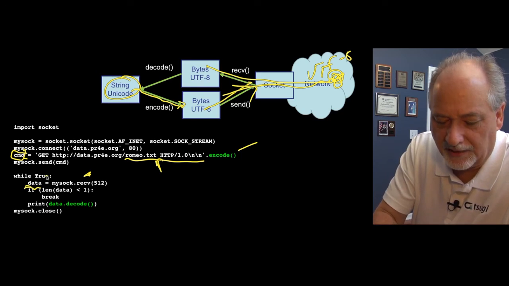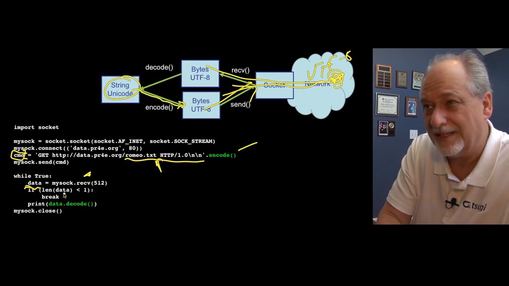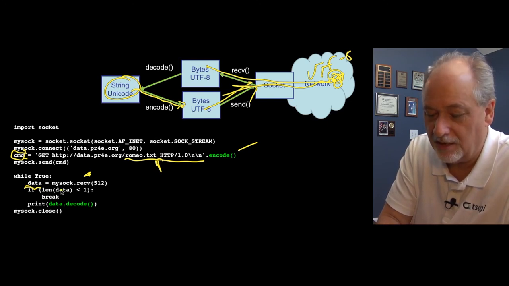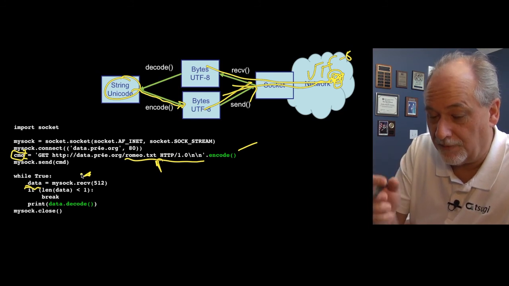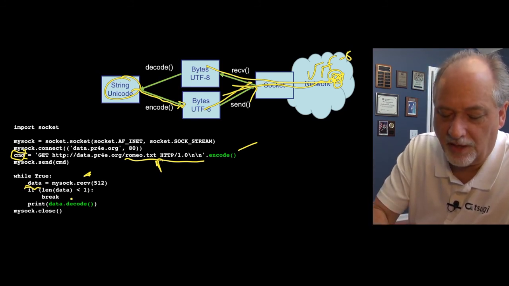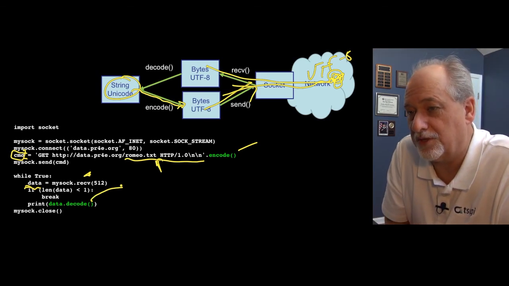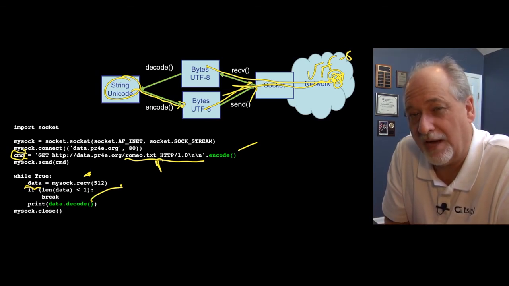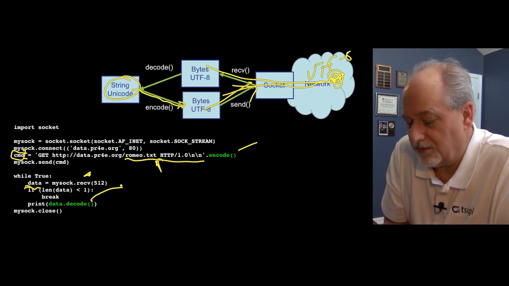We get back our thing, and we receive into data. Well, data is bytes, not a string. We can say how big it is. The len function works kind of like on a string, except that it is 1 byte per character, which means some of it might be UTF-8. And then all we have to do is say decode. Again, if you were dealing with a situation where you weren't expecting it to typically be UTF-8 or ASCII, you could tell it UTF-16 or something, and it's more complex.